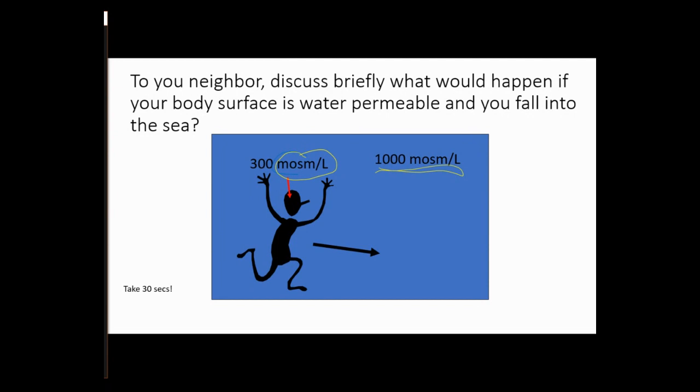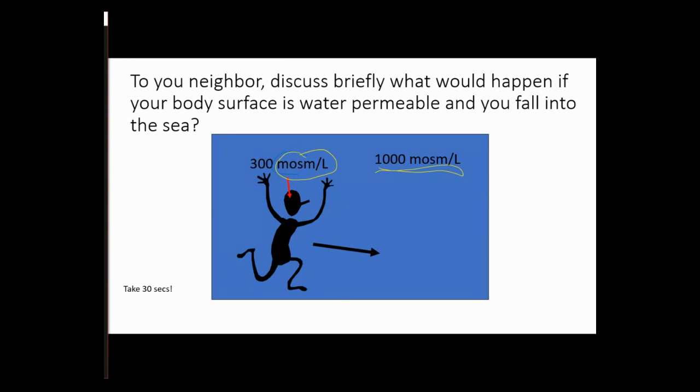So let's think about our rules of equilibrium many, many moons ago. If I think about my rules of equilibrium, what generally wants to happen here? The concentrations of salt water would want to be equal. Right, exactly.